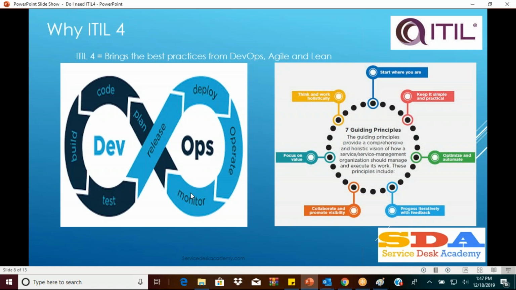So in simple words, I can say DevOps is an approach where your business analysts who are gathering requirements, your architects who are doing the high level designs, your developers who are doing the real coding, your build teams who are preparing the executable files, and your test teams who are doing manual or automation testing, and different kinds of testing being used.